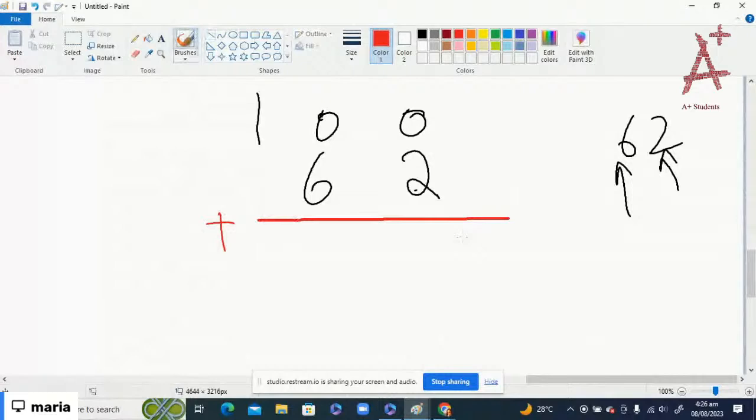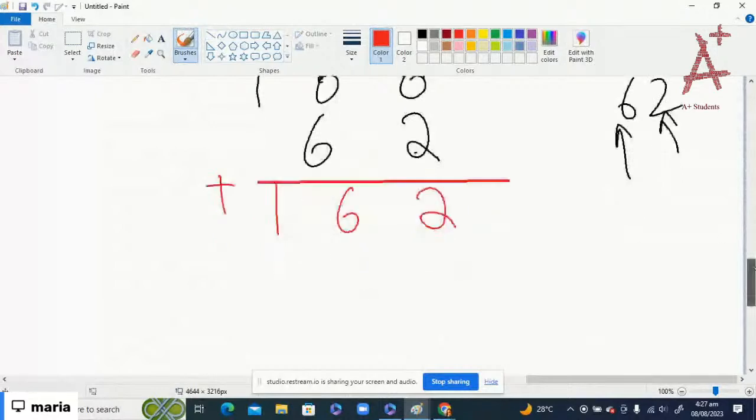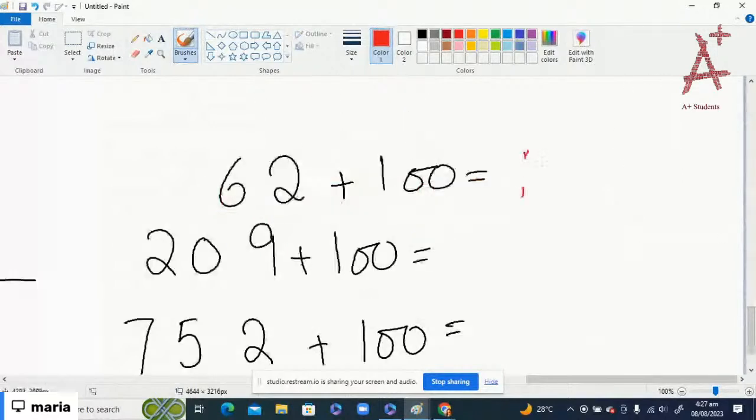What's the answer? 2. 0 plus 6. 6. And 1 as it is. So my first answer is 162. Sorry, 162.